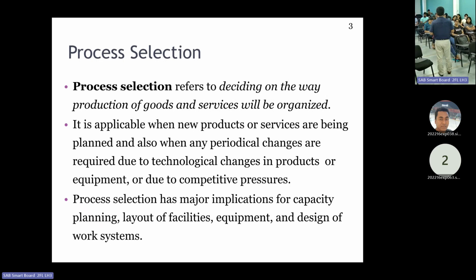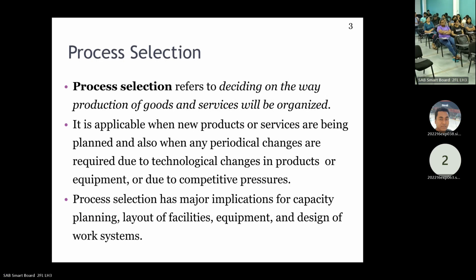Sometimes it's very difficult to separate operations and processes. So in operations management, what we manage is processes. Processes are that important in operations management and, of course, in business.